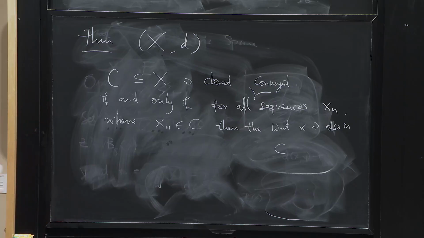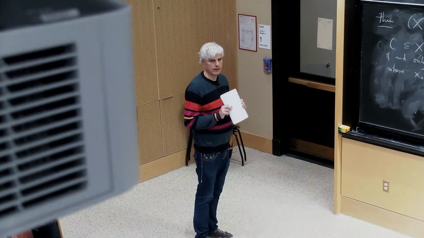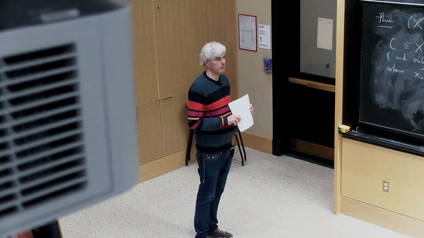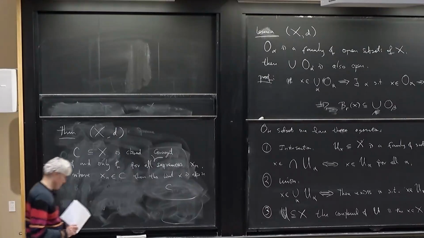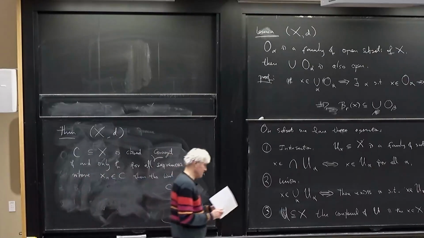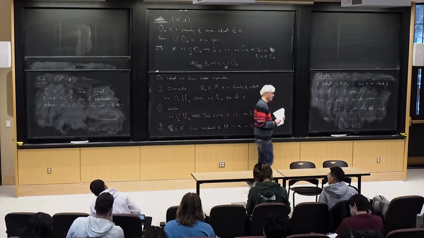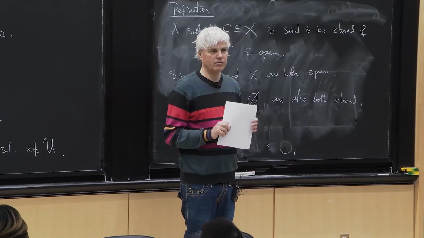Okay, so I claim that if you want to check that a set is closed, instead of checking that the complement is open, you could check this. It seems like if you were literally going to check it on any given explicit example, you would never do it this way. But it's very useful for proving things.